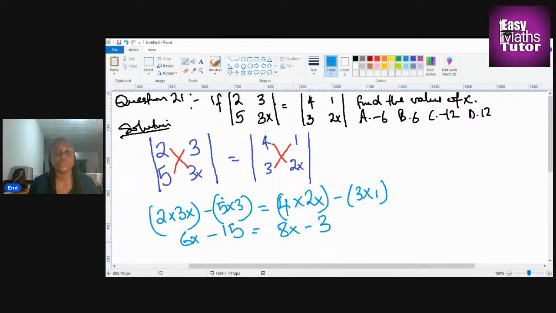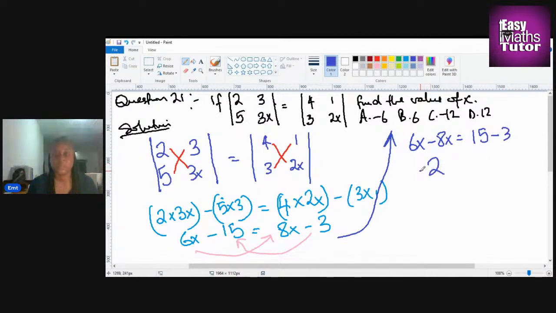With this in mind, let's move terms to the other side of the equation. Moving our terms together, we'll have 6x minus 8x equal to 15 minus 3.